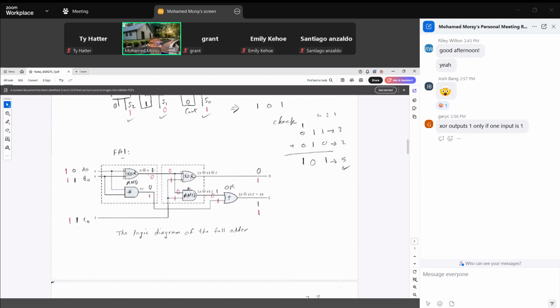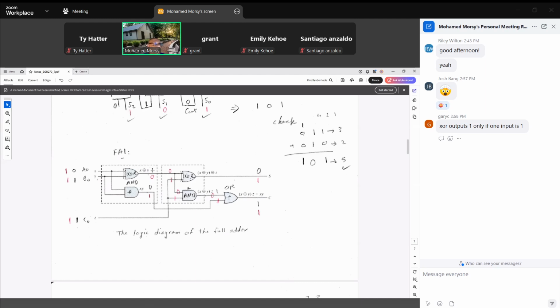Sorry, we mentioned the inputs are 0 and 1. So the output of the exclusive OR, we talk about the black writing here, is 1. This red one came from the carry in, C0.